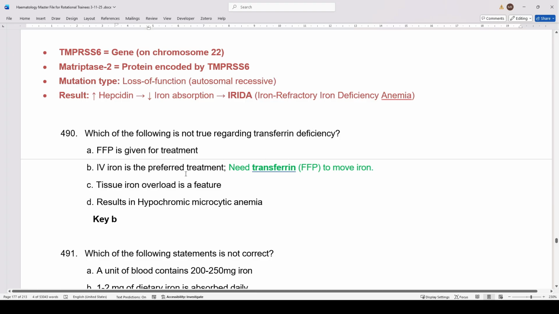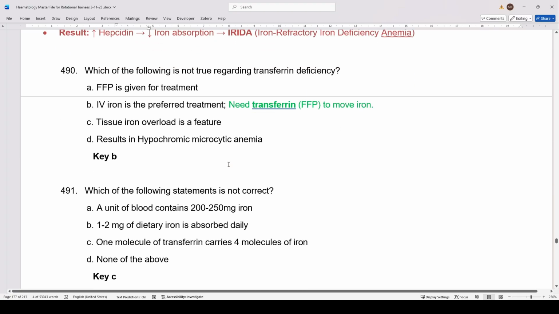So if we give iron, we don't have transferrin, so this is not the treatment. Tissue iron overload is a feature, and it results in hypochromic microcytic anemia. This is correct. Of course, when we don't have transferrin, there is tissue iron overload. So what is not correct is IV iron being the preferred treatment. The preferred treatment should be FFP.